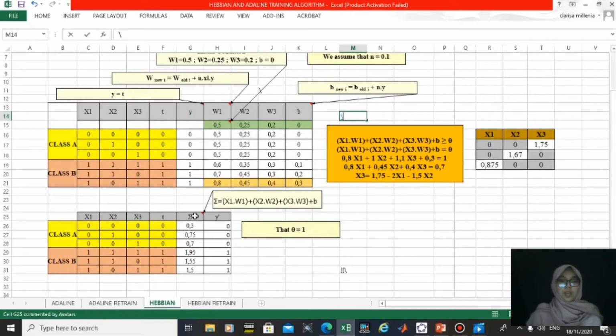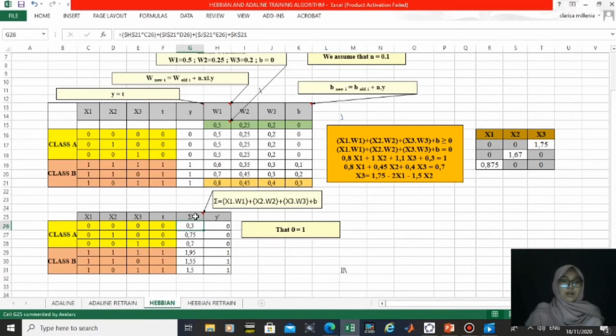We have to get the y prime that is the same as the target. y prime is 1 if the value of the sum is higher than theta, and if the value of the sum is lower than theta, then y prime is 0.